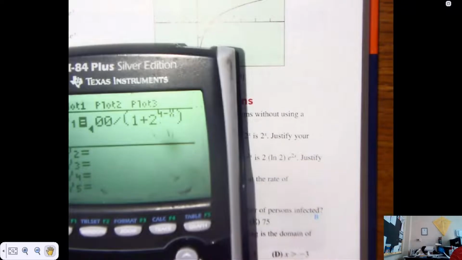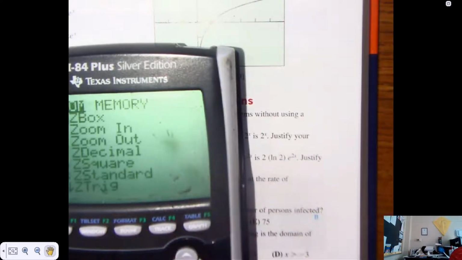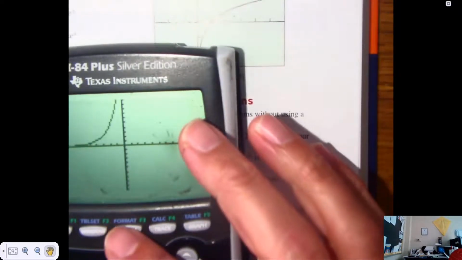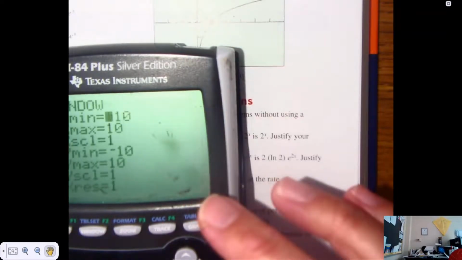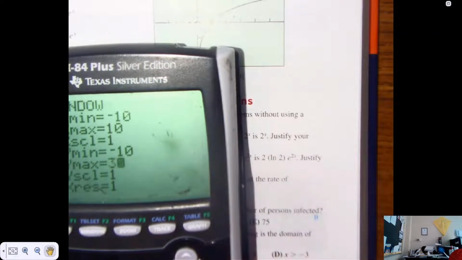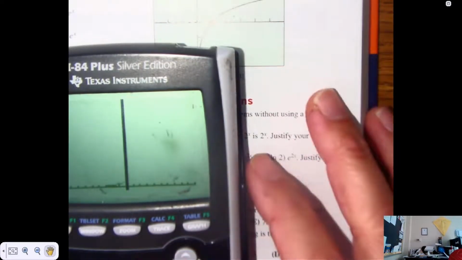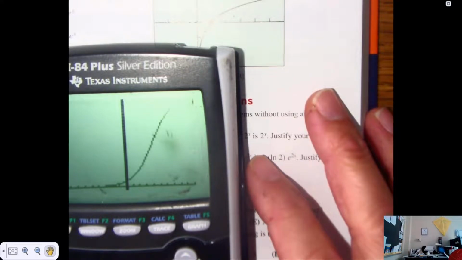If you got an older style calculator, you're going to have to use a whole lot more parentheses than that. Zoom 6 it. I'll have to go up quite a bit too. How many people are actually in this school? Probably 300. Y max to 300. It's starting to level off.